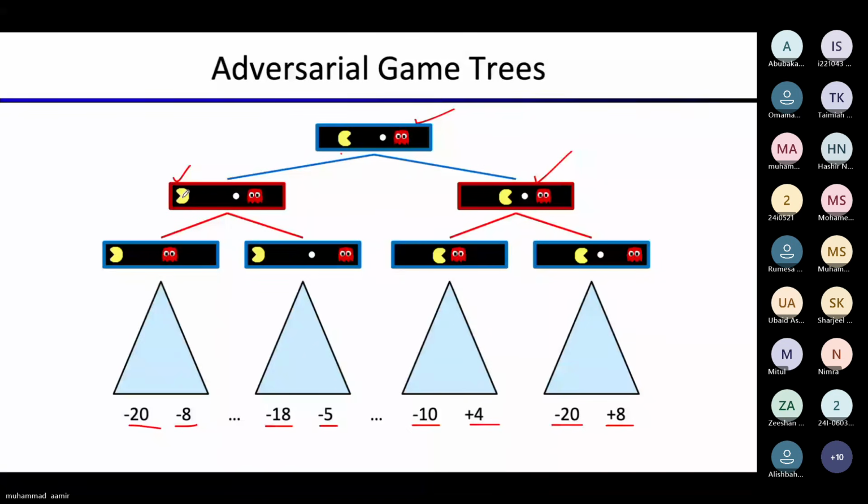So this is a very difficult situation to decide. Either we have to move towards the ghost and the white dot, or away from the ghost and the white dot. These are the complicated situations in which adversarial search and the algorithms that we are going to study next come to help us.